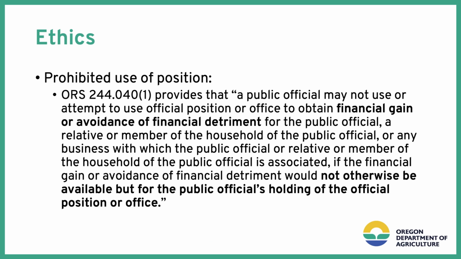You can't just go in there and say, you know what, I need a copy of my driver's license, I'm just going to make a copy of it. You can't do that. That is a violation of ethics law, because generally speaking, the public is not allowed to do that too. Now, if you had a policy that says any member of the public or staff or board member can make copies for 5 cents each, that would not be a violation, because you're allowing anyone to do that at a cost, or you could do it for free.